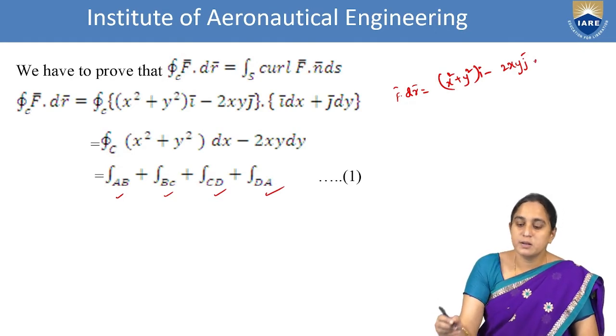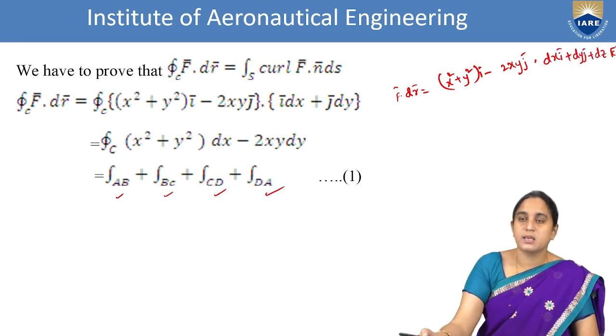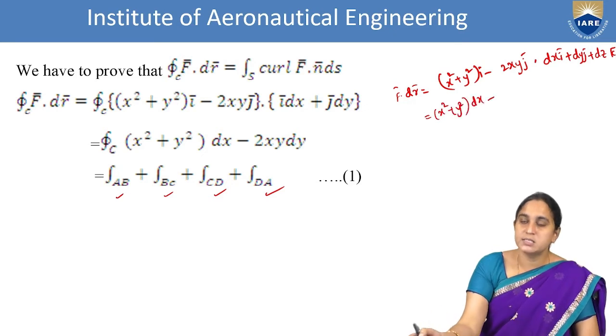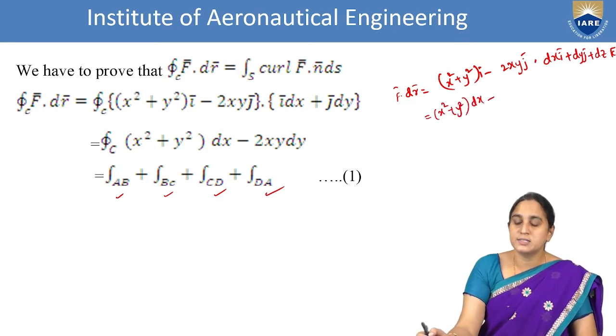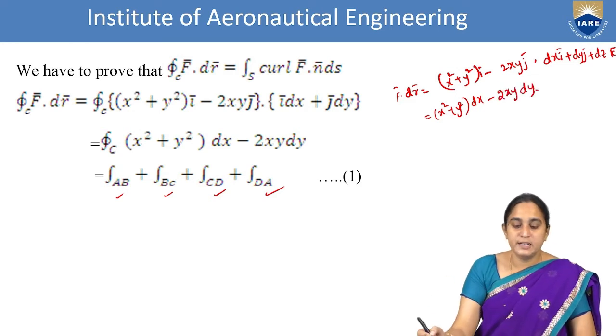What about dr bar? Position vector, that is dx i bar plus dy j bar plus dz k bar. Product of these two: i bar coefficient as x square plus y square into dx, minus j bar coefficient here minus 2xy into dy.